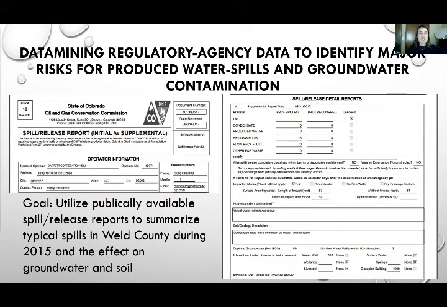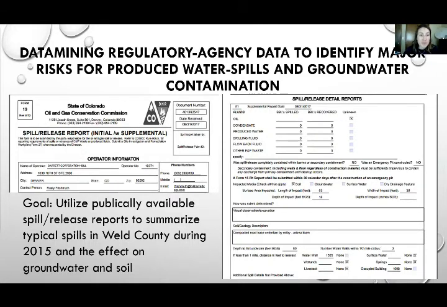So here is a copy of a Form 19 with the Colorado Oil and Gas Conservation Commission. If an oil and gas producer has a spill, any type of spill from their extraction process, it could be drilling mud, produced water, oil, gas, these sorts of things, they have to fill out a Form 19 if they spill over 1 barrel, which is 42 gallons.